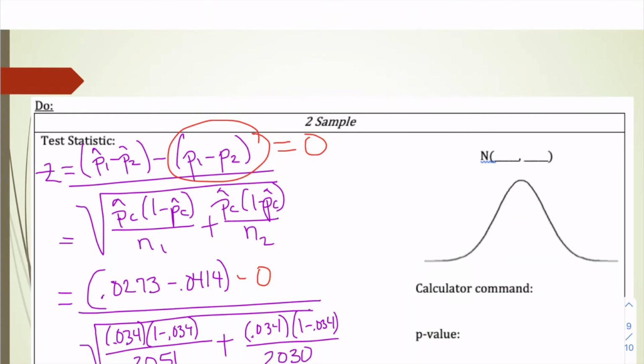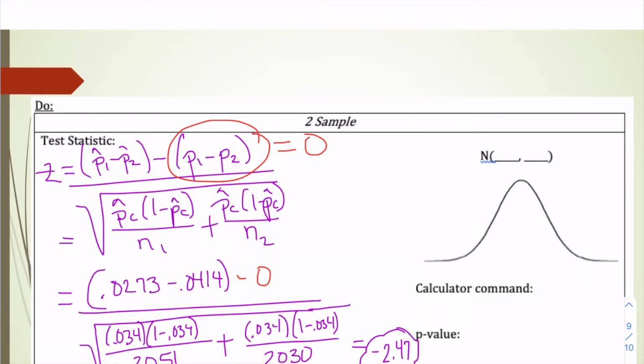Really make sure that the square root sign covers that entire mess on the bottom and that you put enough parentheses in when you do this. If you did it correctly, you should get a z value of about negative 2.47.